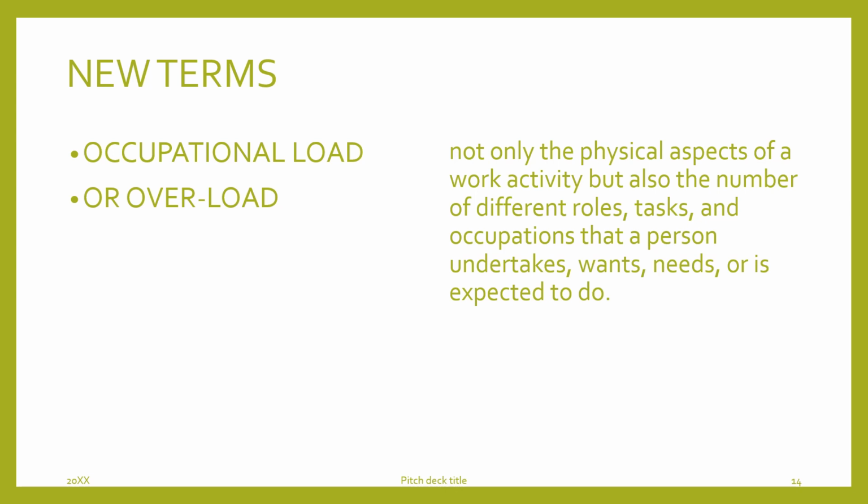So the occupational load is not only the physical aspects of a work activity, but also the number of different roles or tasks and occupations that a person undertakes, wants, needs, or is expected to do. So what that means is it's like their work capacity. How much can they tolerate? How much can they do before they get to overload? Which we are all feeling a lot of right now.